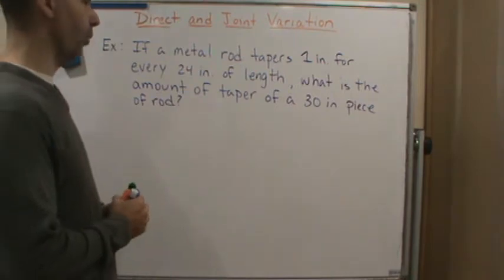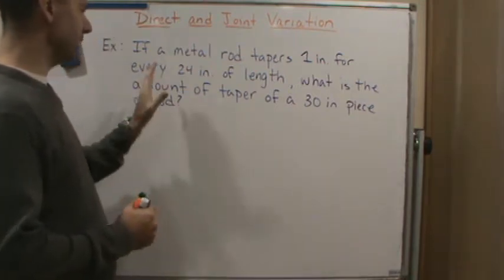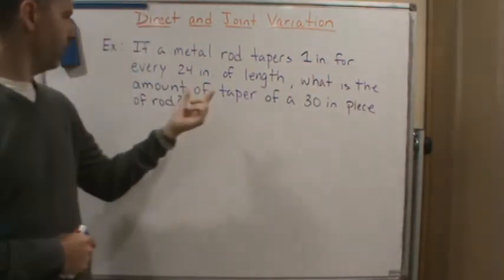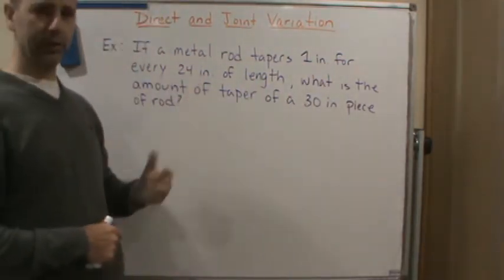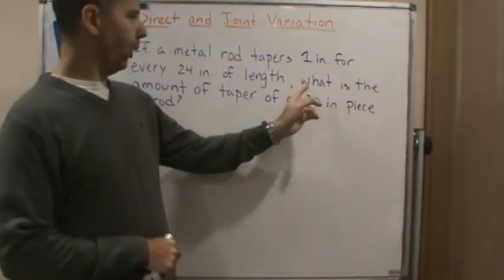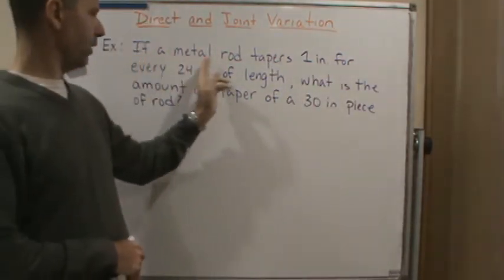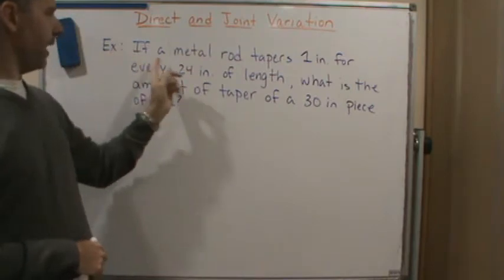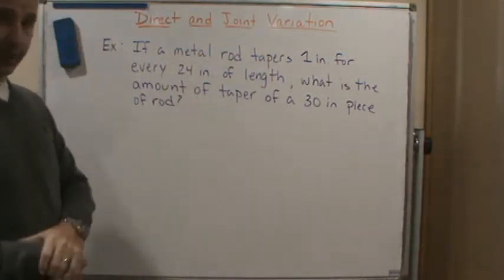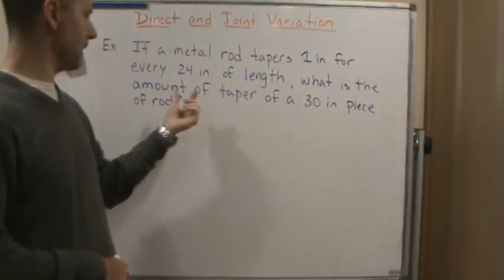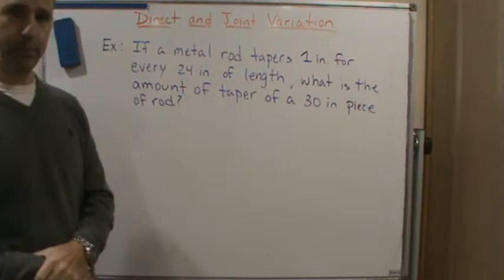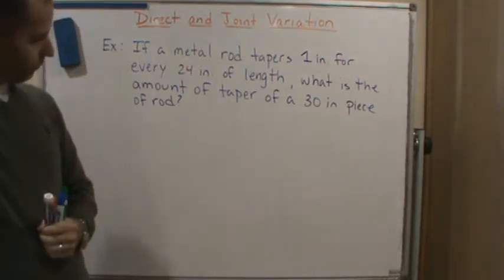Okay, so in this example, it says a metal rod tapers 1 inch for every 24 inches of length. So if a metal rod tapers 1 inch for every 24 inches of length, what is the amount of taper for a 30-inch piece of metal rod?